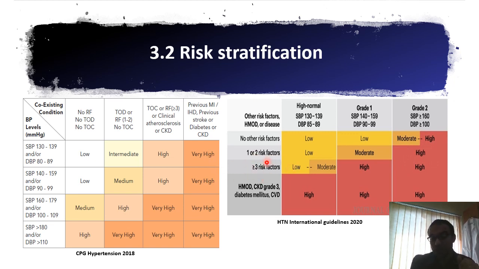Patients with more than 3 risk factors and grade 1 have high risk, and of course those with hypertension-mediated organ damage, in all categories, even the high normal, even the at-risk population, will be classified as high risk.